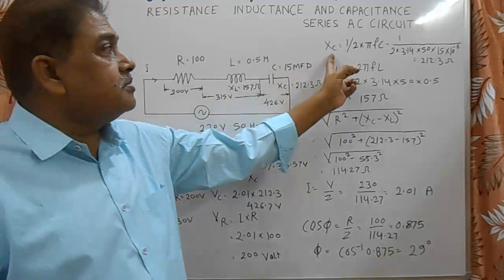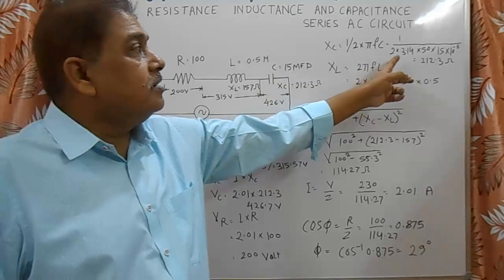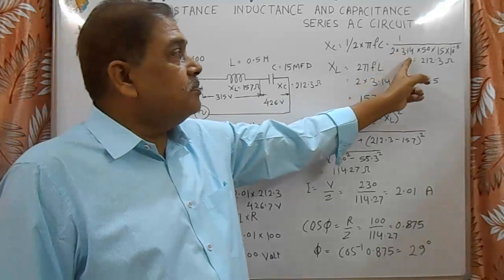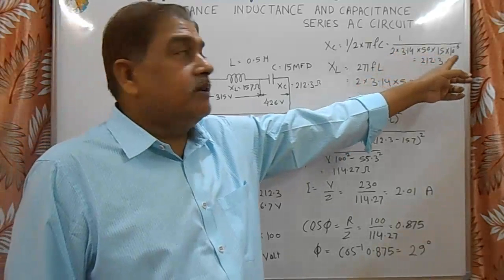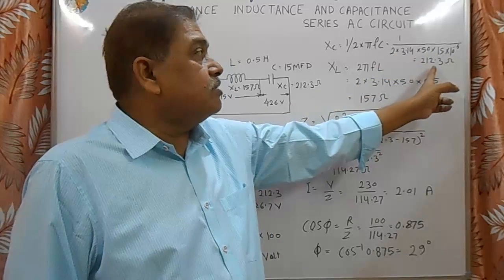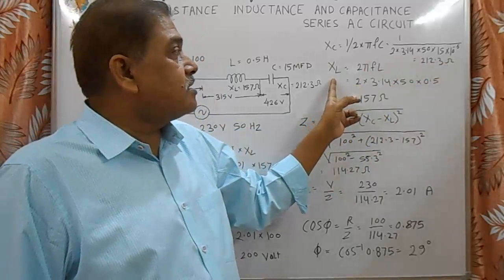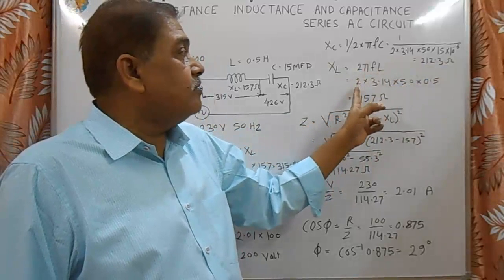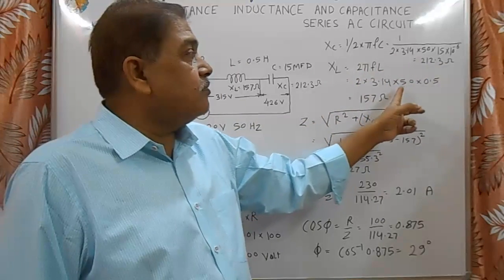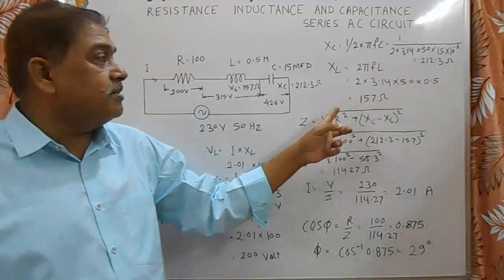The capacitive reactance of the capacitor is XC equal to 1 by 2 pi fC. Here 1 by 2 into 3.14 into 50 into 15 into 10 to the power minus 6 is equal to 212.3 ohms. Similarly, inductive reactance XL is equal to 2 pi fL, which is 2 into 3.14 into 50 into 0.5, equal to 157 ohms.